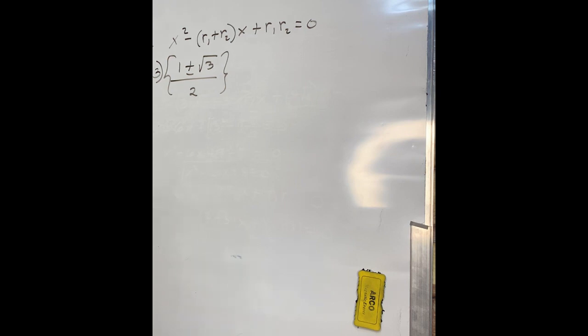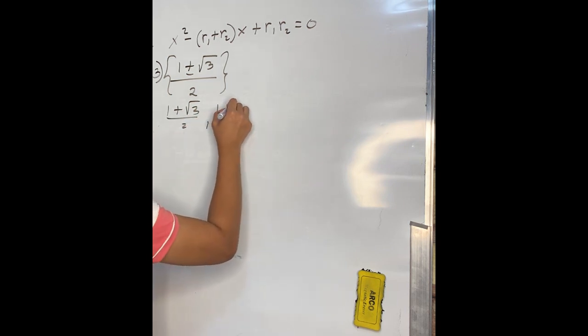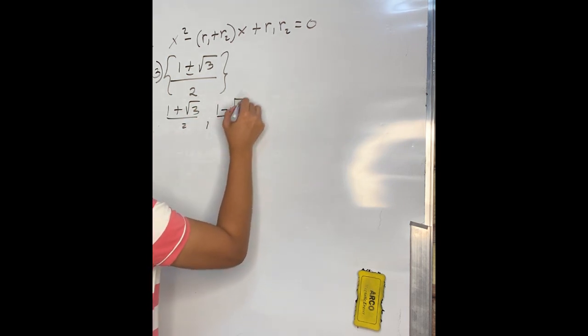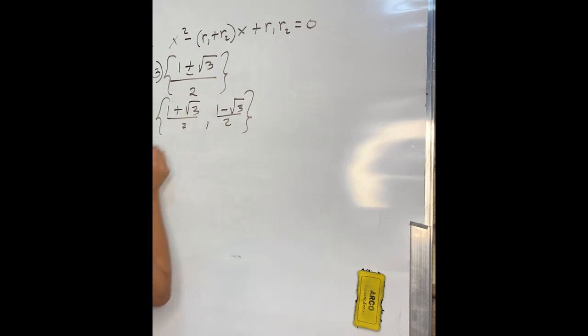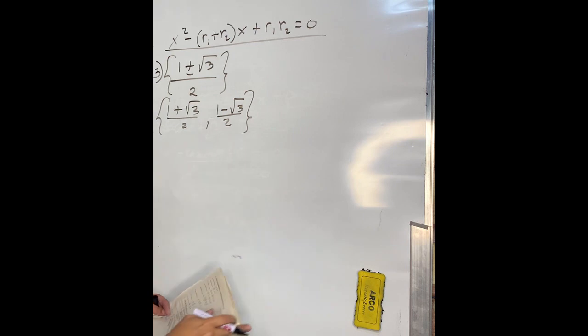We all know that the roots will be 1 plus the square root of 3 over 2 and 1 minus the square root of 3 over 2. By using this form of equation, we could identify the exact quadratic equation of the given roots.